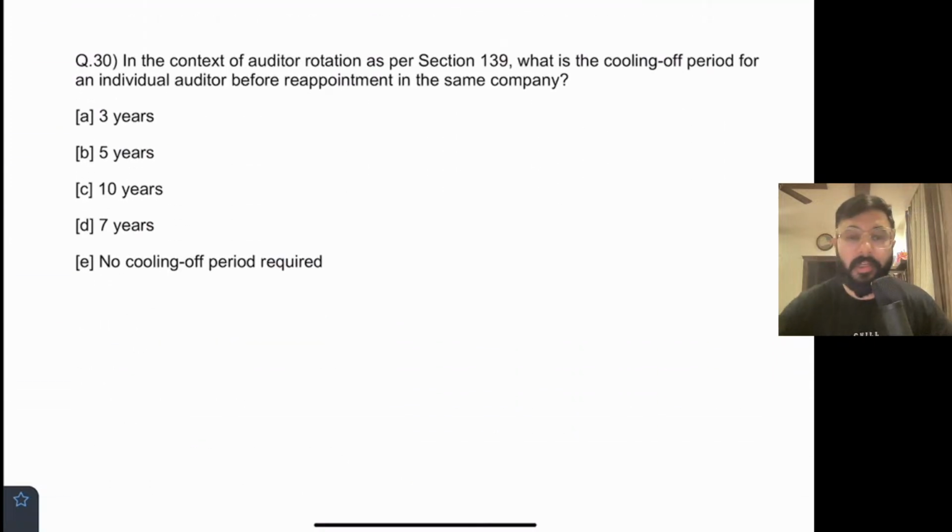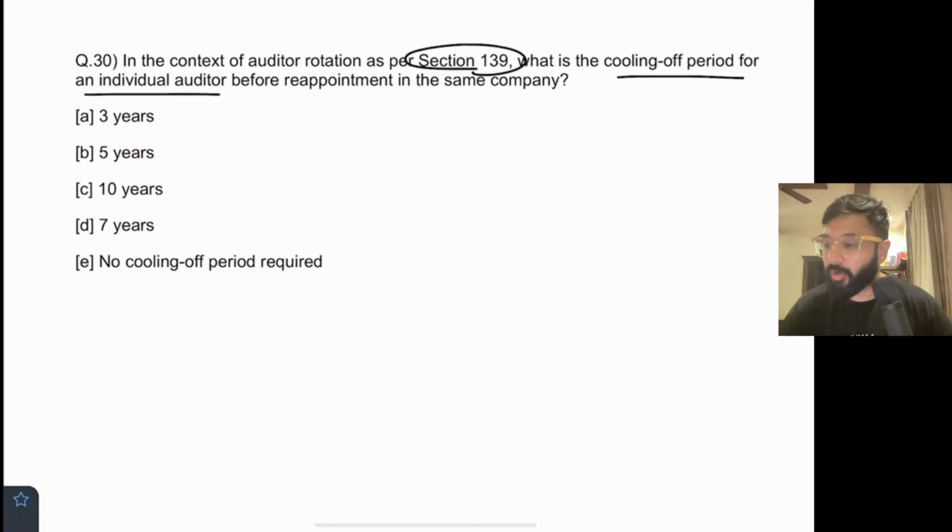Question number 30. In the context of auditor rotation as per section 139, what is the cooling off period for an individual auditor before reappointment in the same company?